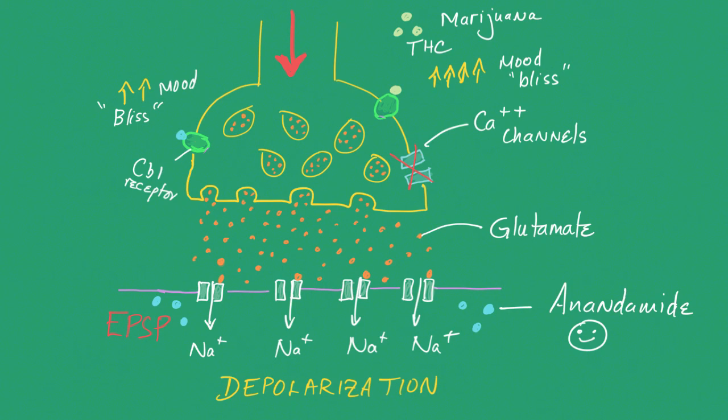While the occasional use of marijuana can improve mood and promote relaxation, chronic use of marijuana can have adverse effects on memory and cognition. This is because the majority of the CB1 receptors are present in the learning part of the brain, which is called the hippocampus.